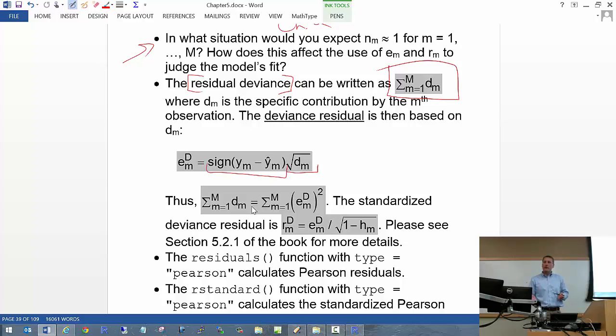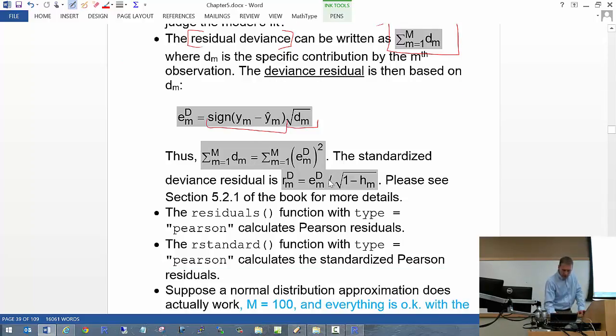The farther this deviance residual is from 0, the worse the model fits that observation, just like what we saw with the Pearson residual. If you wanted to, you could divide by the square root of 1 minus the hat matrix diagonal value, and you will get a standardized deviance residual. You can work with these just like what we did with the Pearson ones.